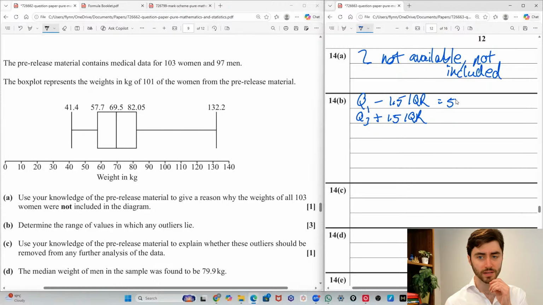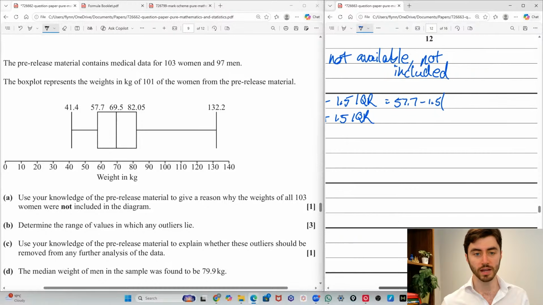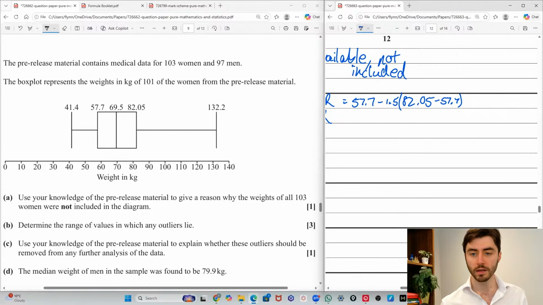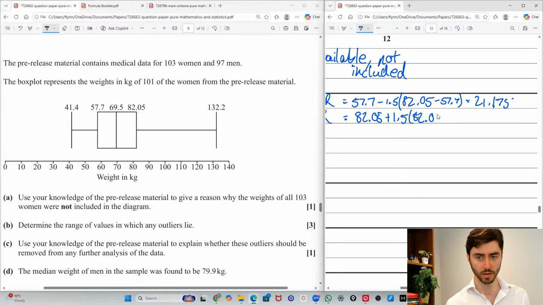So that's going to be 57.7 minus 1.5 lots of the interquartile range, which is 82.05 minus the 57.7. If I pop that into the calculator, I get 21.175. And on this one, it would be 82.05 plus 1.5 times that interquartile range.